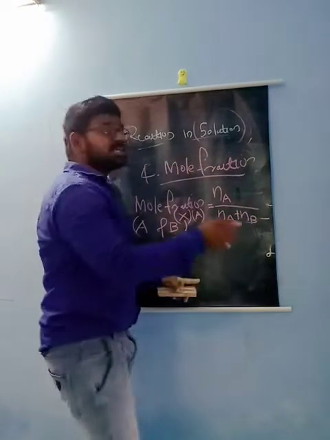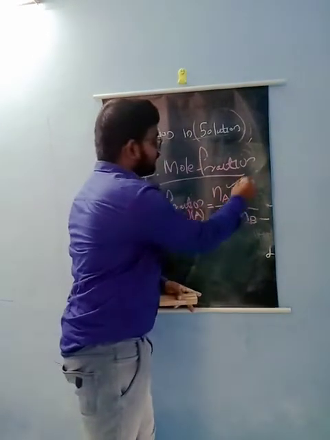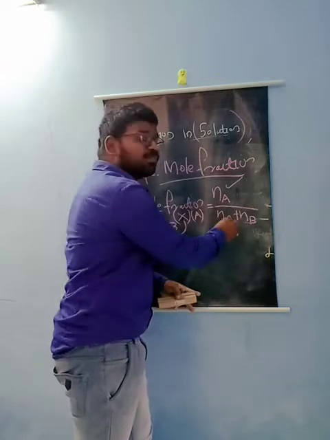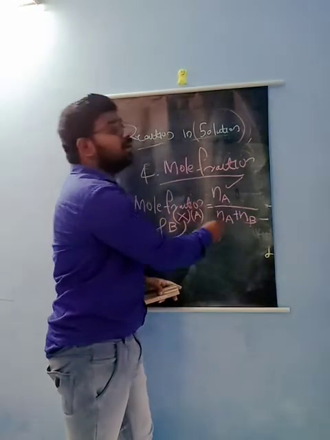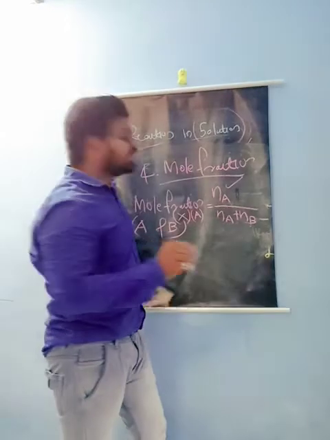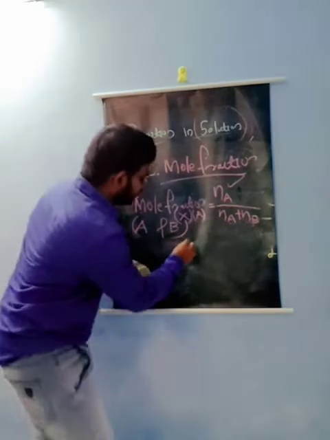That is the number of moles of A divided by the sum of the number of moles of all the components, or simply the number of moles of solution.